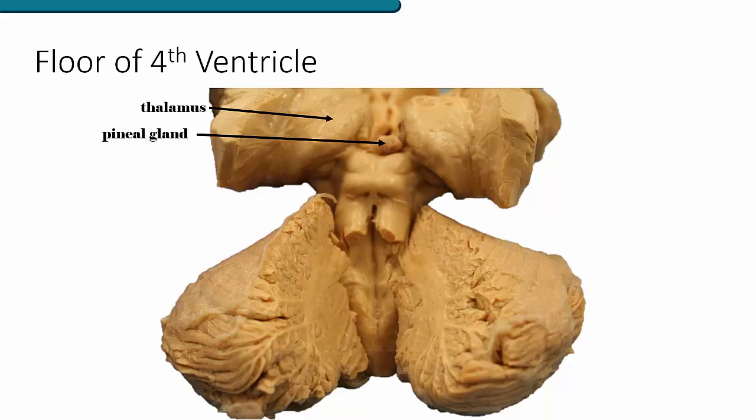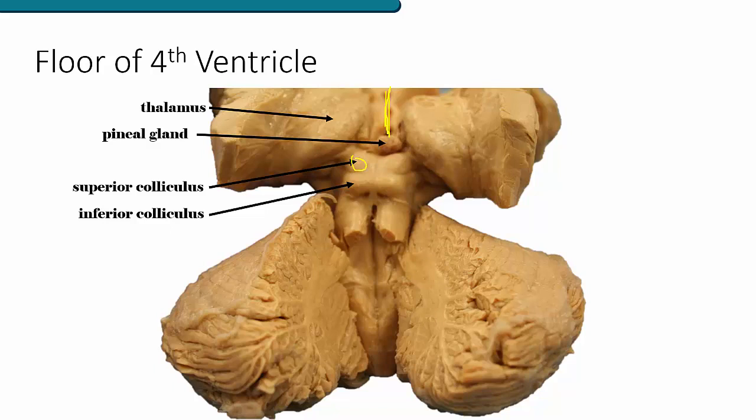We can also see the pineal gland there medially, and here, this is where that third ventricle is going to be before the CSF travels through the cerebral aqueduct to get into our fourth ventricle, which we can see here. We can also see on the posterior aspect of the midbrain, the superior and inferior colliculus. Again, we do have a left and right of each of them, as we can see here.